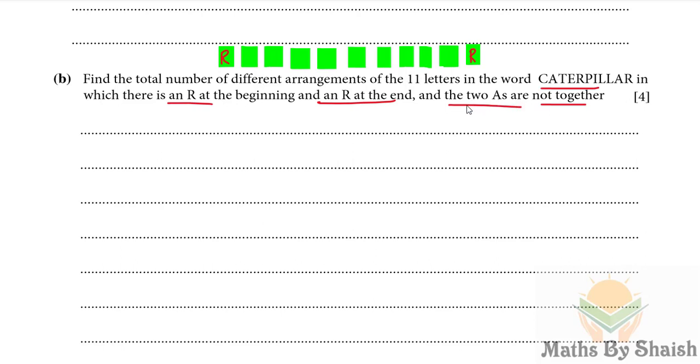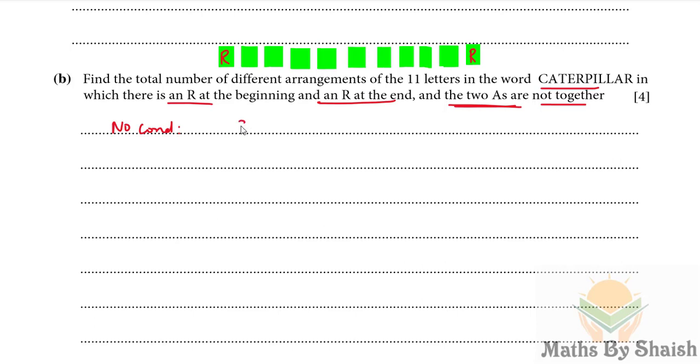Now the condition is the 2 A's are not together, and we can find this by finding the total arrangement when there is no condition, and then we'll subtract the arrangements when they are coming together. So no condition for these 9 places.